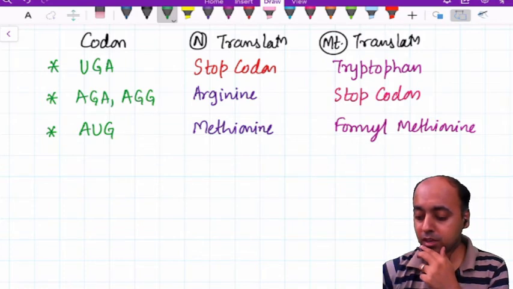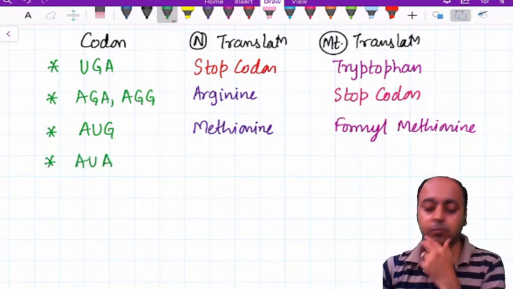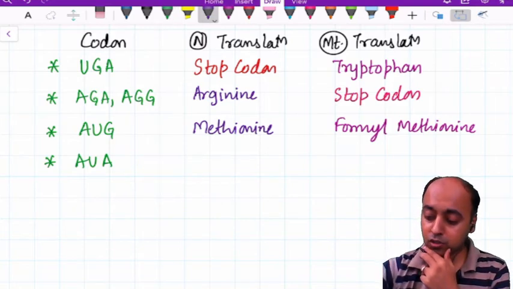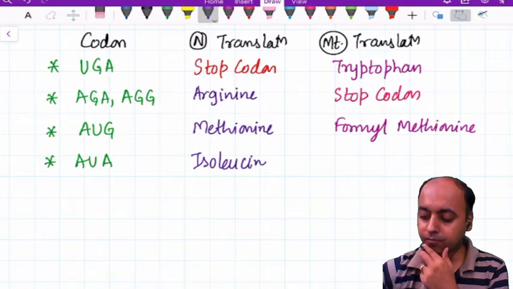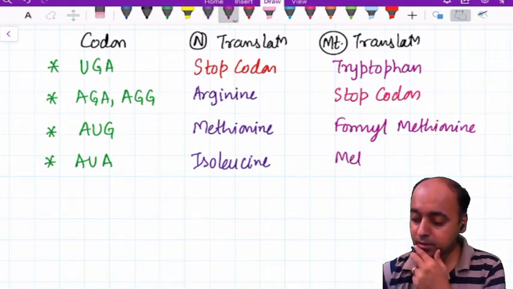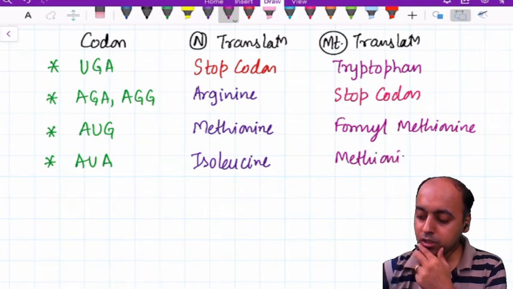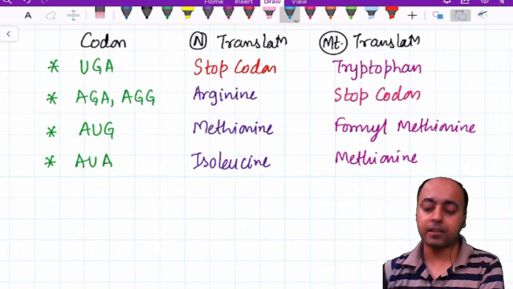So we must have another codon for methionine: AUA, which normally translates as isoleucine, is coded as methionine inside the mitochondria.